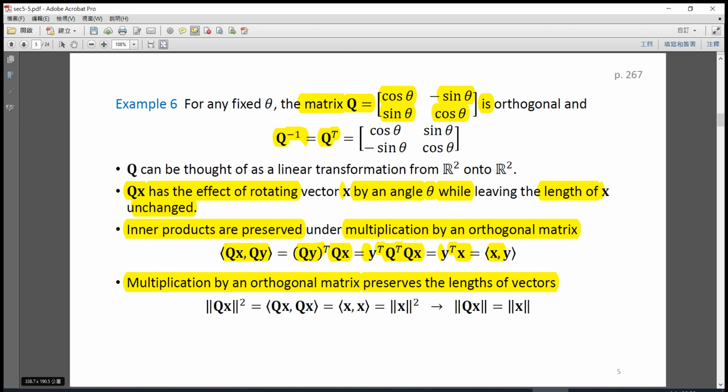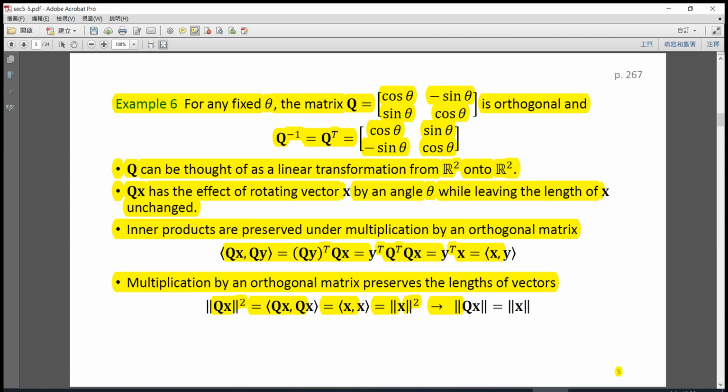To see this, we compute the square of the norm of Qx, which equals the inner product of Qx and itself. And from the first property, we know the inner product of Qx and itself equals the inner product of x and itself, which is the square of the norm of x. And therefore, the norm of Qx equals the norm of x.